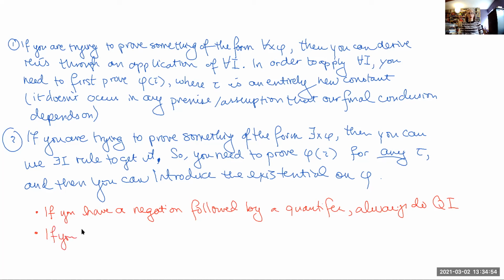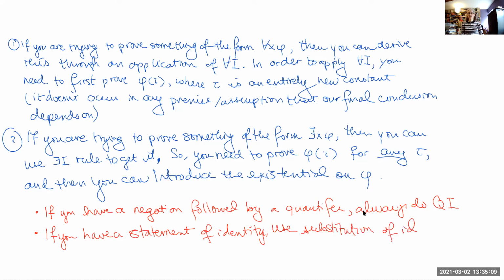If you have a statement of identity, use substitution of identity basically all over the place. Start off using it indiscriminately. The more that you practice, the more that you will be able to see, okay, I'm trying to get some contradiction or something.